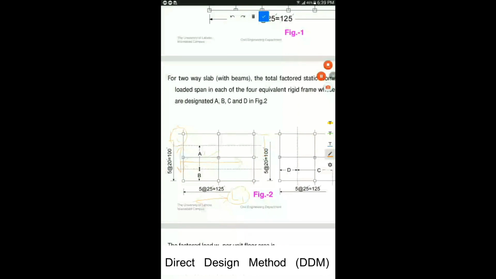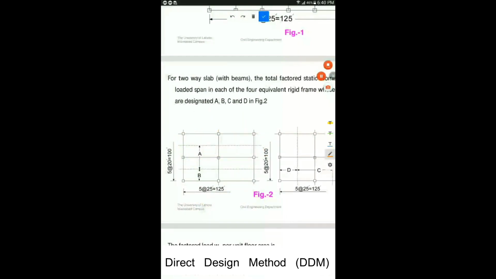And what is the value of Ln? Ln is the clear longitudinal span, because the rigid frame A is running along the x-axis. So Ln will be this dimension but in clear span. The center to center span here is 25 feet, and you have to subtract half a column from here and half a column from this side.